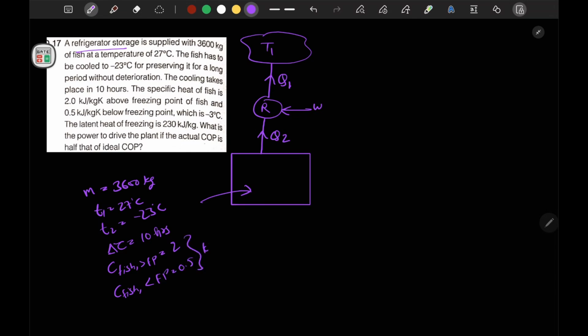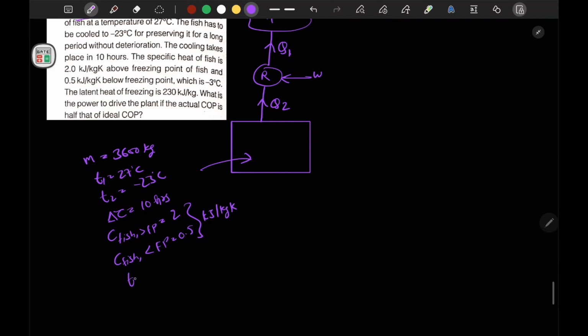Both are in kilojoule per kg Kelvin. The freezing point temperature is equal to minus 3 degrees Celsius. The latent heat of freezing is given: L of fish is equal to 320 kilojoule per kg.